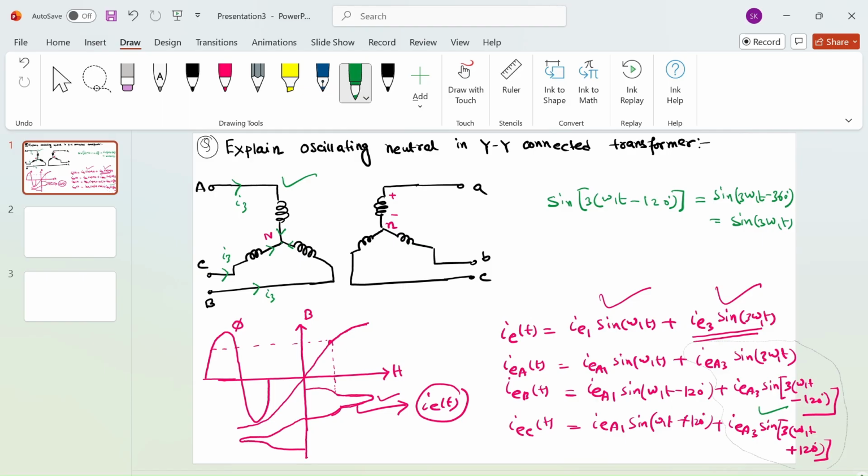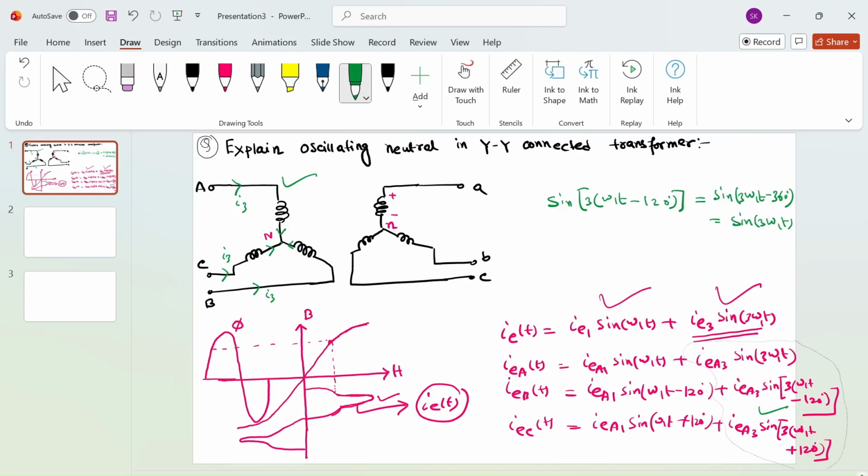The summation of these three currents is not zero. That means third harmonic current cannot flow through the line or even the phase. If your neutral is not grounded, then there is no return path for the flow of third harmonic current.